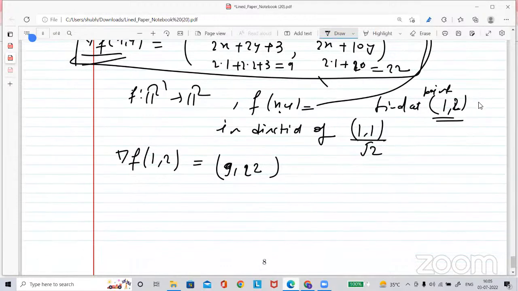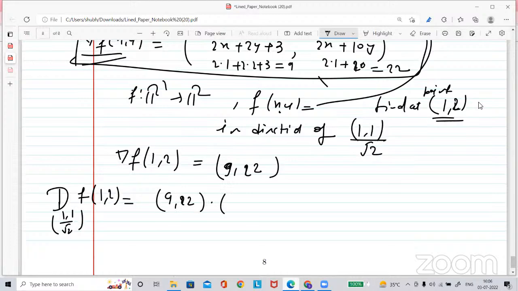Now the directional derivative of the function f at point (1, 2) in that direction is just the dot product of these two. The dot product is going to be a real number.